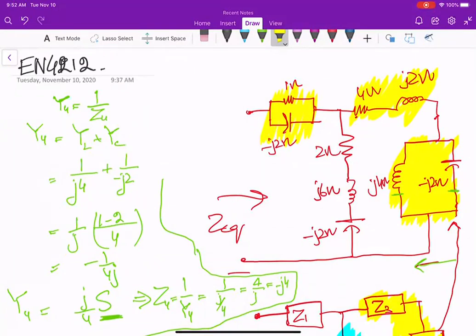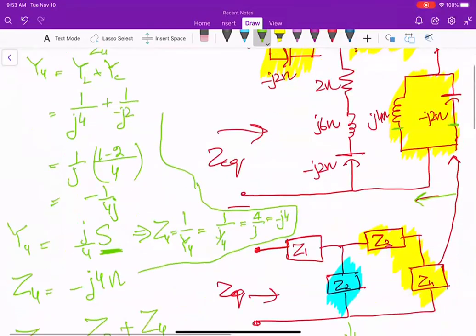Convert them to admittance separately, and then back to impedance, and then add them to Z234. Yes. So what we will do is convert them first into admittance. So this would be Y1, YL plus YC.